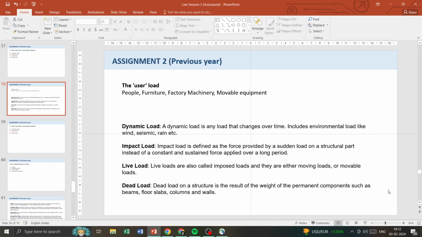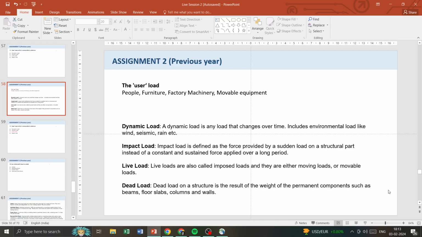Then equipments, which are movable equipments, not installed equipments, because installed equipments which cannot be moved would be user load, but they would be unremovable and there would be some other category for it because it does not come in dead load. So the user load is basically any kind of load that the users bring, which is people, furniture, machinery, and equipment. Now, the question is that user load which can be removed from a building, what will it be called?